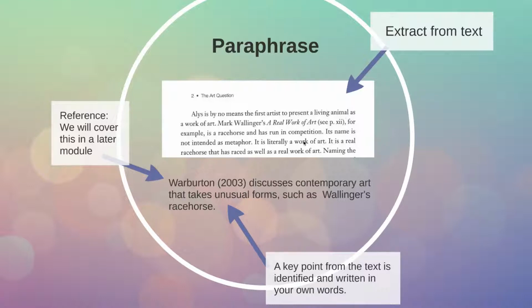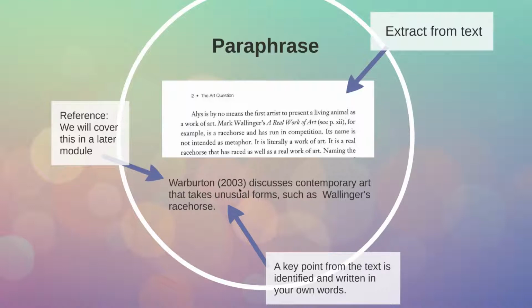That's the art question. And we've identified the key point, which is that the book by Nigel Warburton discusses contemporary art that takes unusual forms, such as Wallinger's racehorse. So the key point from the text has been identified, has been written up in your own words, and it is thoroughly referenced. It's very important you reference your paraphrase material.